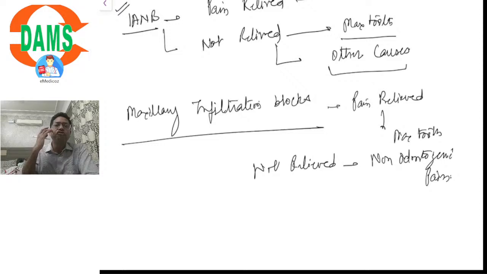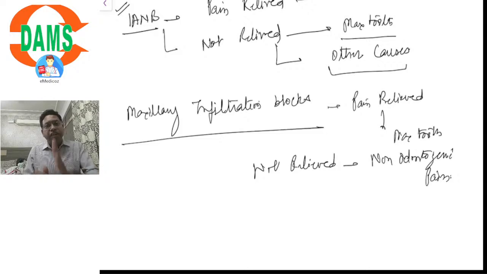So whenever the arch of the offending tooth cannot be identified, the patient is having confusing symptoms, we would employ anesthetic testing. Now remember that anesthetic testing is not used to identify an individual tooth in an arch. In some of the textbooks, you will find that after finding whether it is a maxillary or a mandibular tooth, we would give intraligamentary injections into one tooth at a time to identify the offending tooth in that arch.